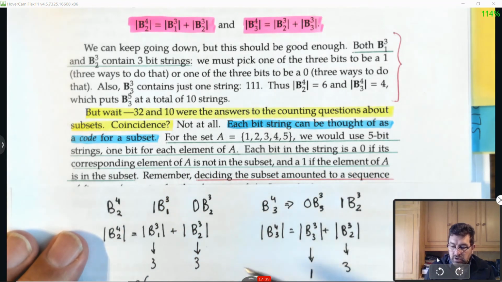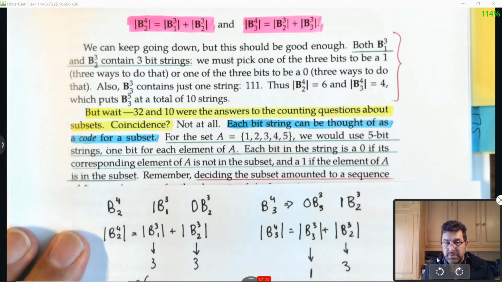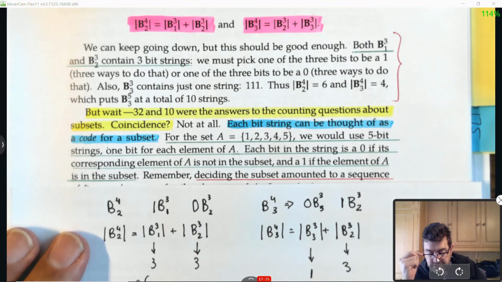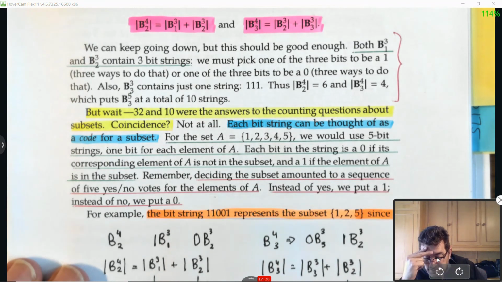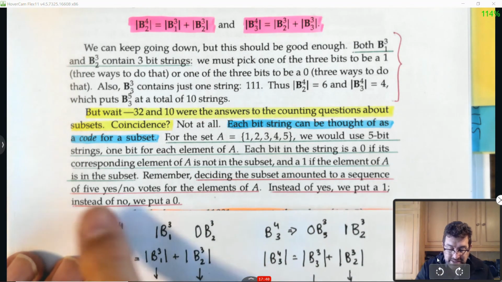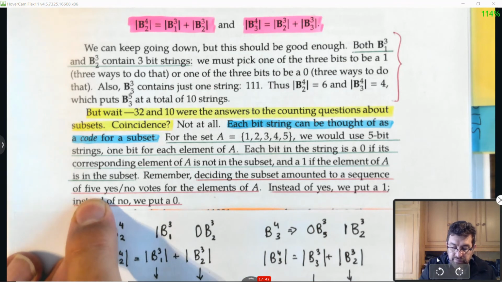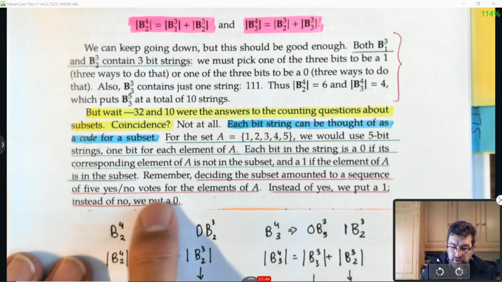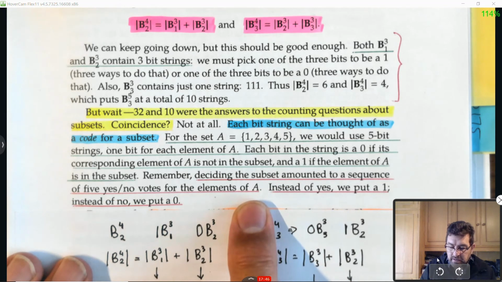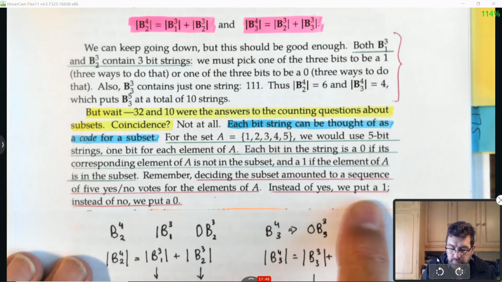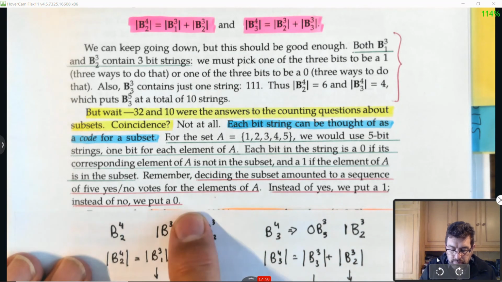Remember, deciding the subset amounted to a sequence of 5 yes or no votes for the elements in A. Instead of yes, we put a 1, and instead of no, we put a 0.